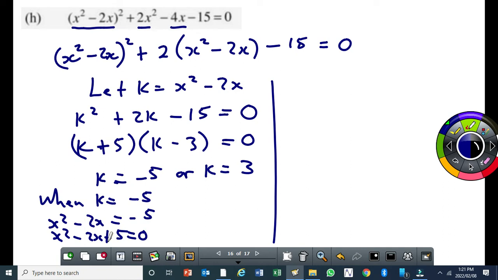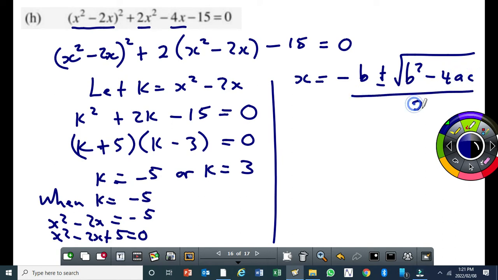Now, let's use the quadratic formula. So x is equal to minus b plus or minus the square root of b squared minus 4ac all over 2a. Based on this quadratic equation, a is 1, b is negative 2, c is 5. The b is negative 2, but the formula has a minus there.